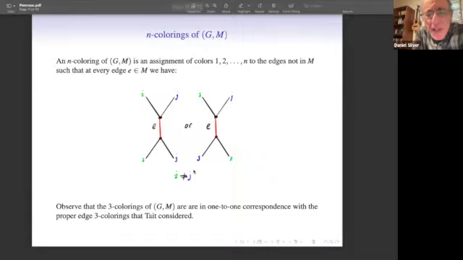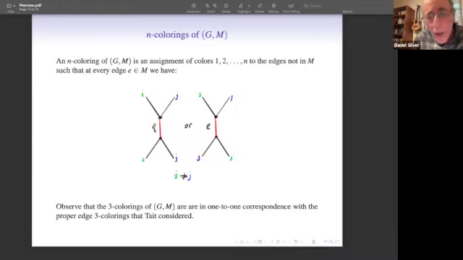One thing to notice is that 3-colorings are really the same thing as proper edge 3-colorings that Tait considered. Why? If I've got 2 colors, i and j, then they appear down at the bottom here, and I've got a third color. So I make that third color the color of the matching edge.